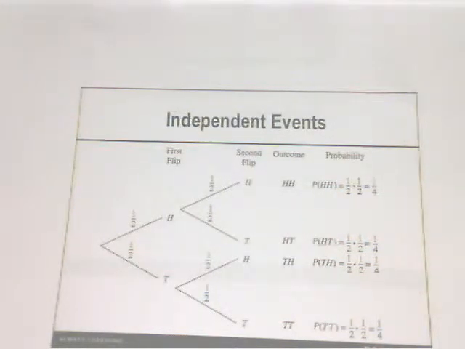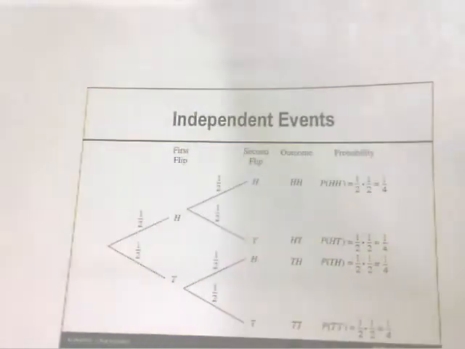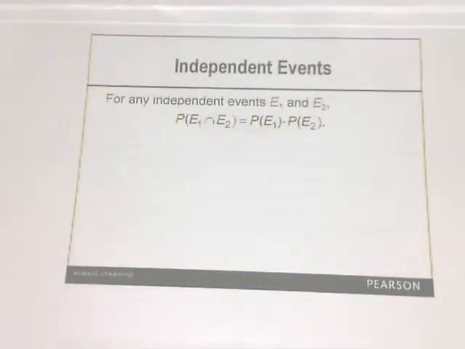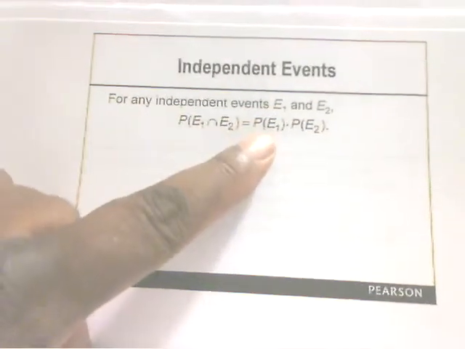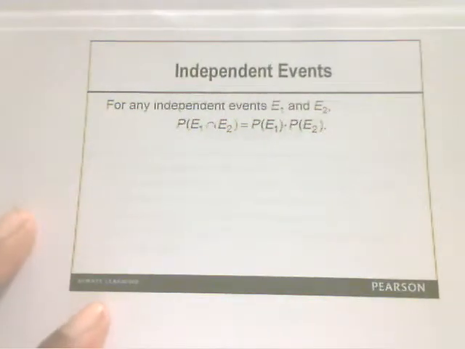And this continues with heads and tails. That's also 1/4, and then tails and heads will be 1/4, and then 2 tails will also be 1/4. So this is an example of independent events. So for any independent events E1 and E2, the probability of the intersection of E1 and E2 would be just the product of those two probabilities, the probability of E1 times the probability of E2.